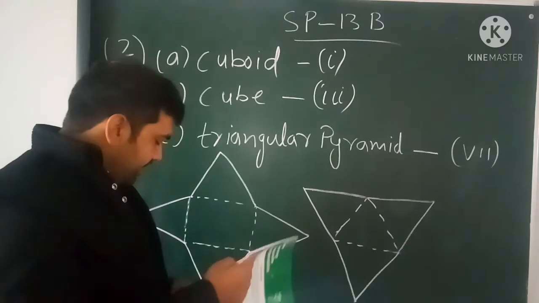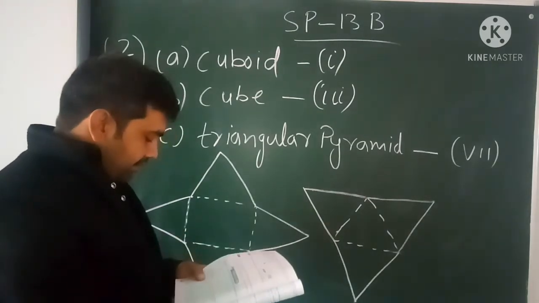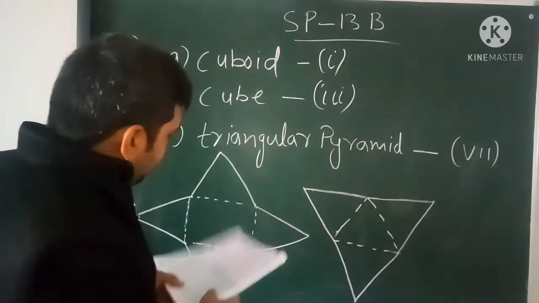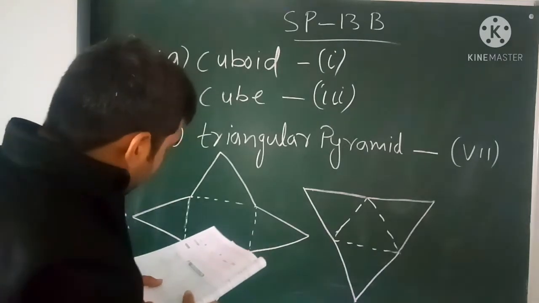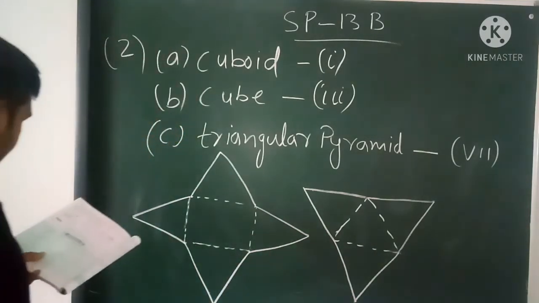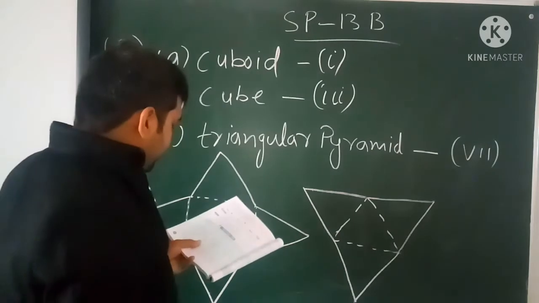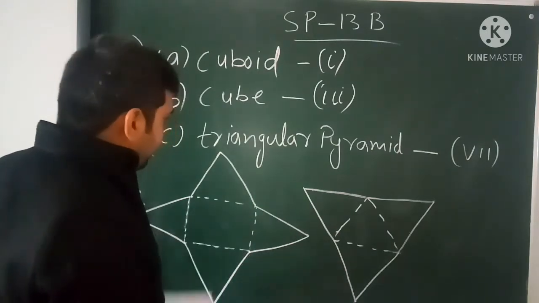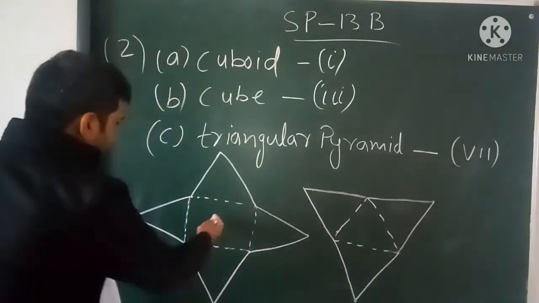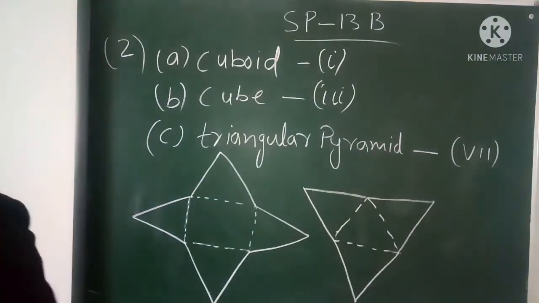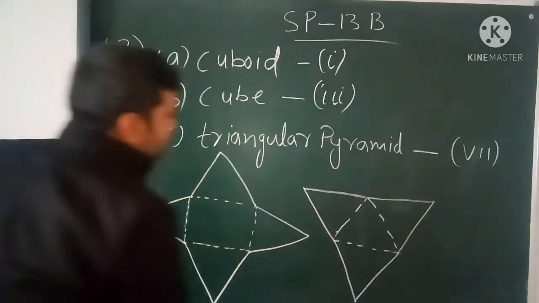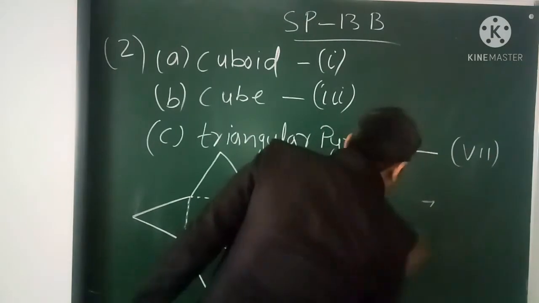So here the second figure you are getting, that is the rectangular pyramid. As you can see in this figure, the base is a rectangle and 4 triangles are there. The other shape is given, like shape number 2. That is also similar.